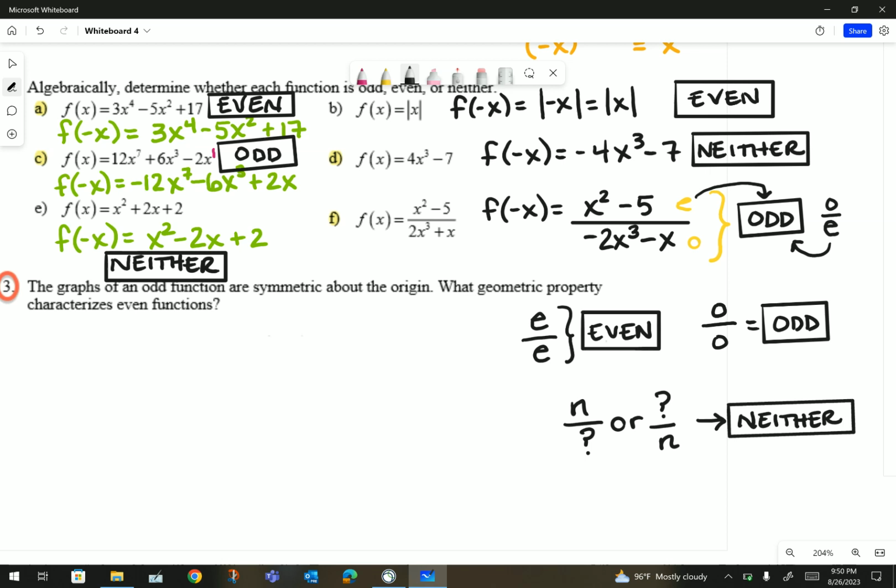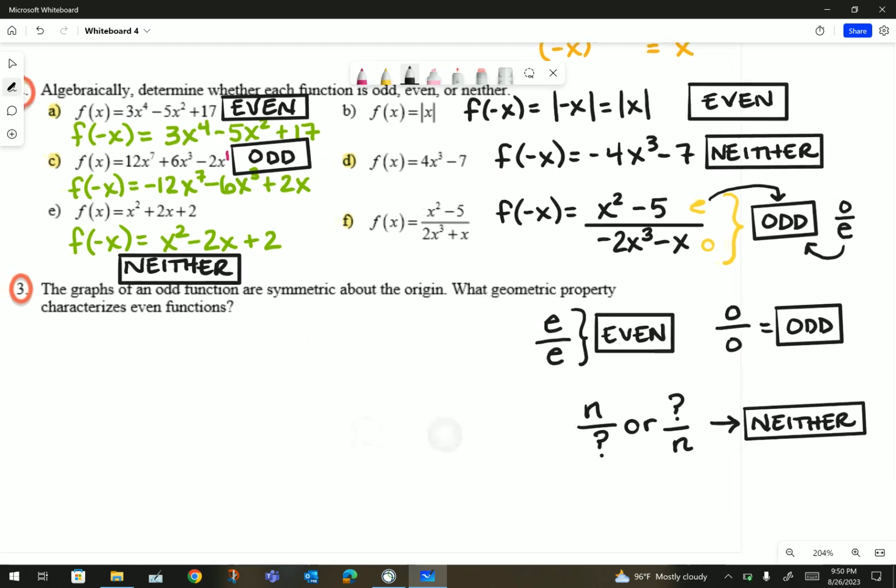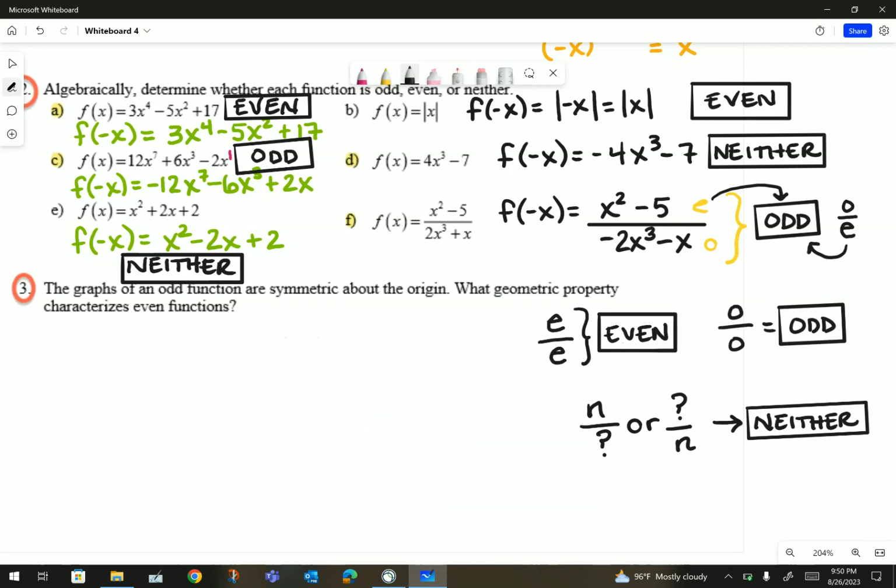All right, folks, we are down to the last bit, which basically is just a summary, okay? Number 3, the graphs of an odd function are symmetric about the origin. Would you please, please, please remember this sentence, because I promise you it's going to be on the test, okay? So the question now is, what geometric property characterizes even functions? All right.